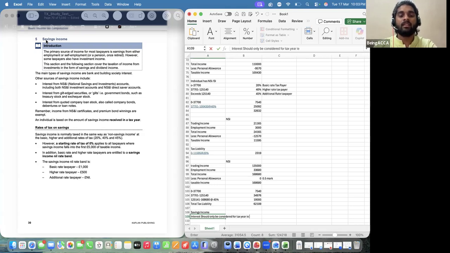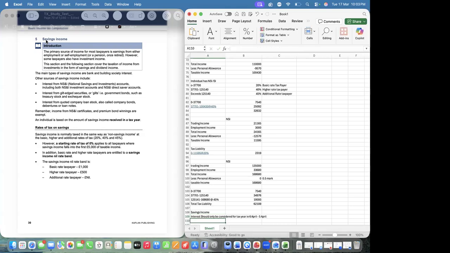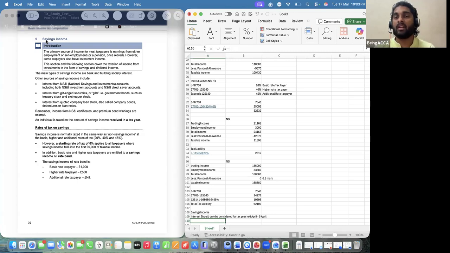Clear on this? Yes, sir. This is a fundamental that should be remembered again. Always for income tax, 6th April to 5th April is a blind thing that you should remember at any cost.